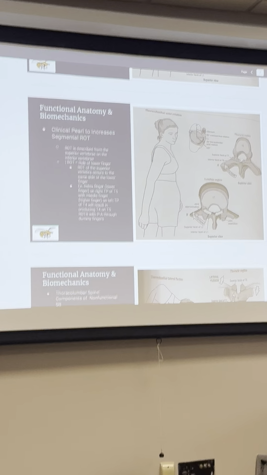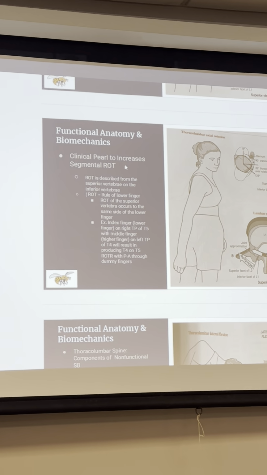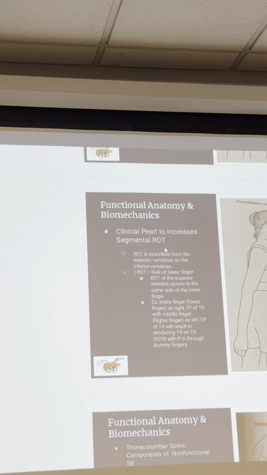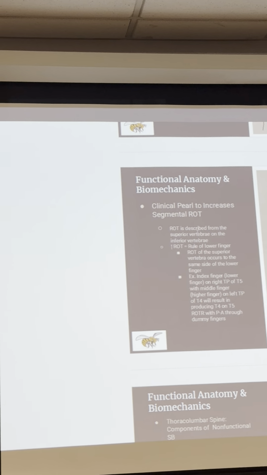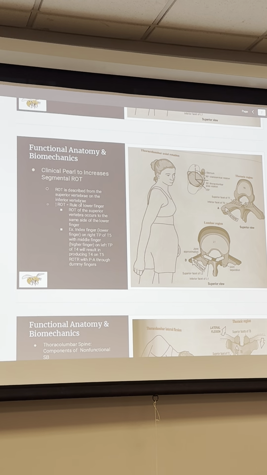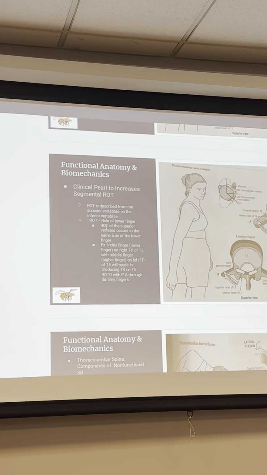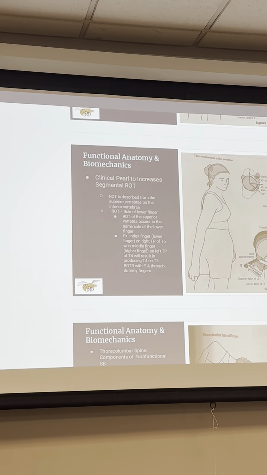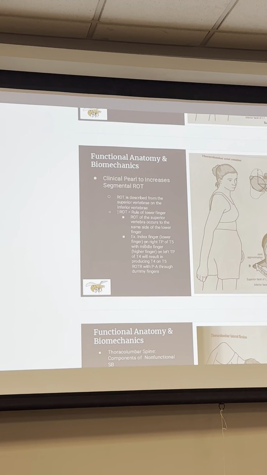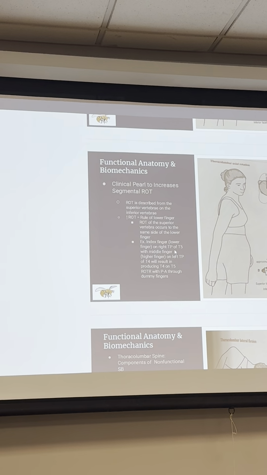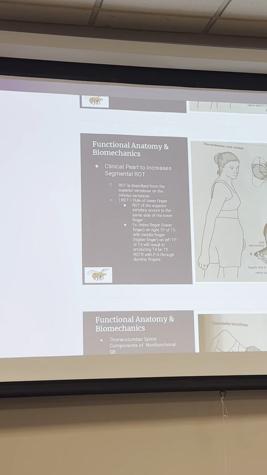So look at this. I give a clinical imperative to increase segmental rotation, right? So rotation is described from the superior vertebra on the inferior vertebra. So to increase rotation, we can use the rule of the lower finger. That's what I just reviewed. Then I gave an example. This is what I just demonstrated, in a sense, similar to this example, okay?